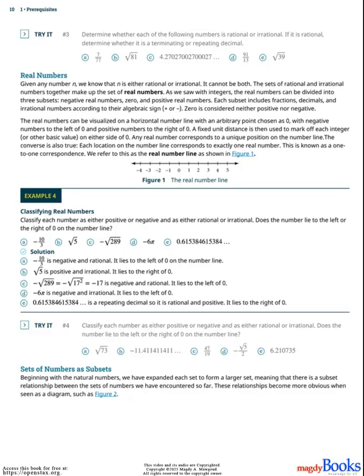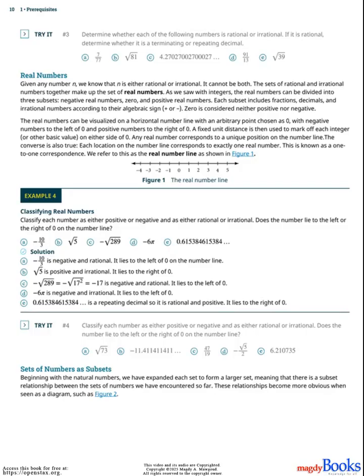It lies to the left of 0 on the number line. B. Square root of 5 is positive and irrational. It lies to the right of 0. C. Negative square root of 289 equals negative square root of 17 squared equals negative 17, which is negative and rational.